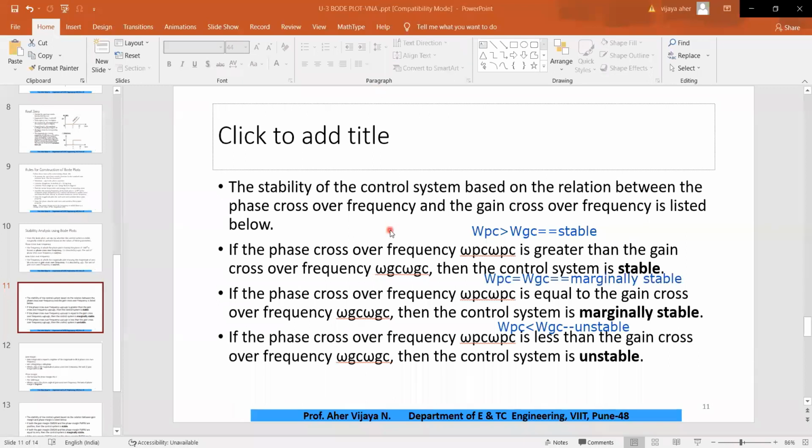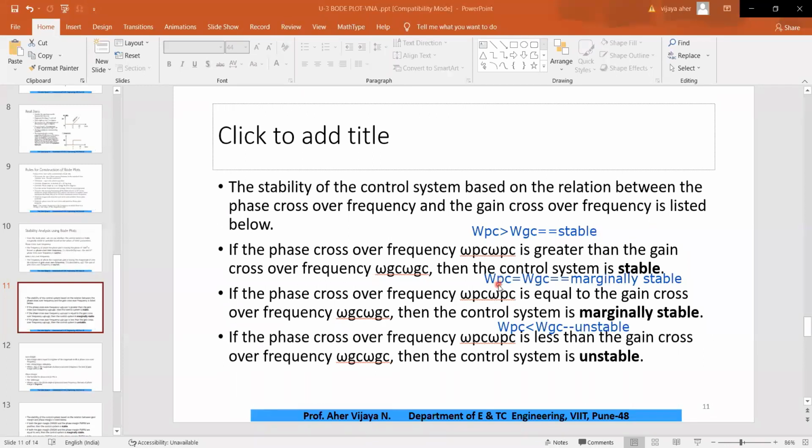So from the Bode diagram, from the Bode plot, you will get the value of the phase crossover frequency and the value of the gain crossover frequency. I have given you the definition of how to calculate them from the Bode diagram. Now, just by comparing these two values you will get the stability of the system. When the phase crossover frequency is greater than the gain crossover frequency, your control system under consideration is stable.